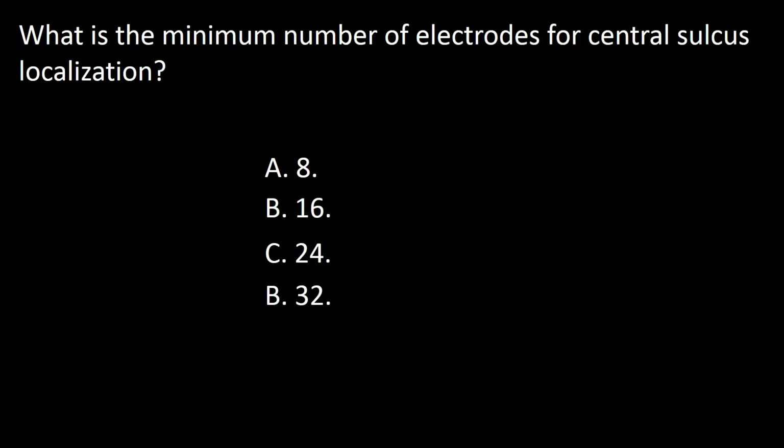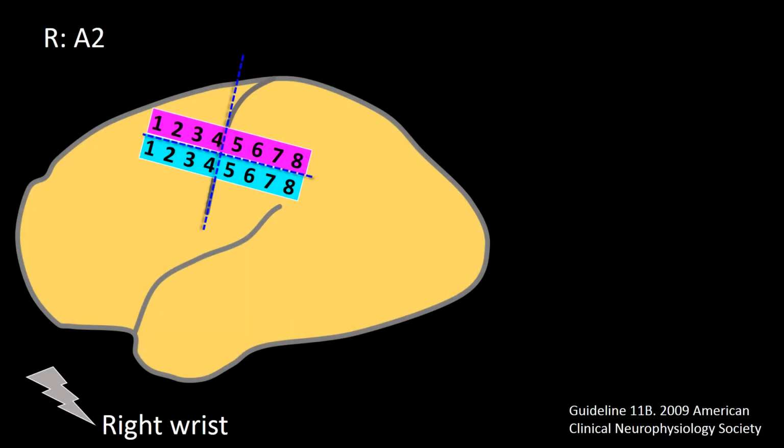Next question. What is the minimum number of electrodes for central sulcus localization? A 8, B 16, C 24, D 32. The minimum number of electrodes to be used when searching for the central sulcus is 16. The strips are placed from the anterior to posterior as shown in this picture. The strip should be placed perpendicular to what is believed to be the central sulcus.